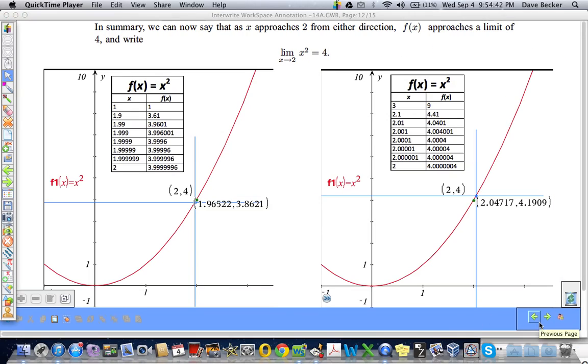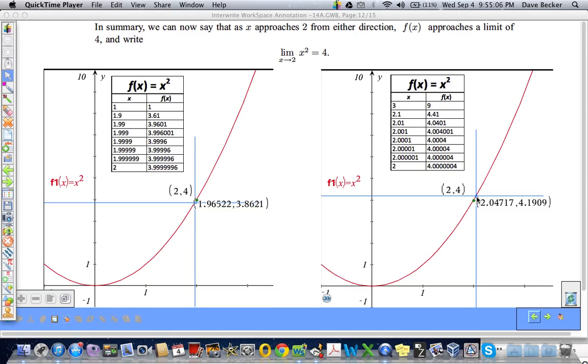Okay, so on the last video, we left off right here where we discovered that the limit as x approaches 2 of x squared is equal to 4. And we discovered that by getting x closer and closer to 2 from the left, and closer and closer to 2 from the right.